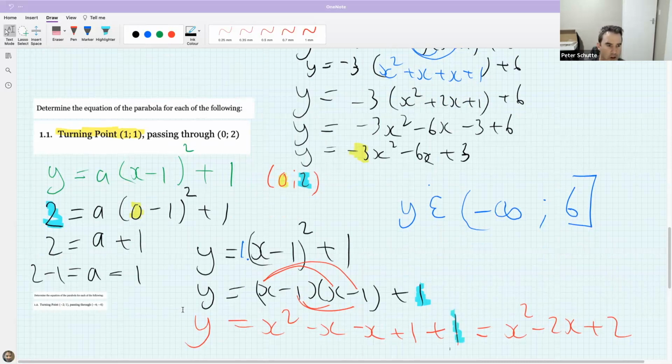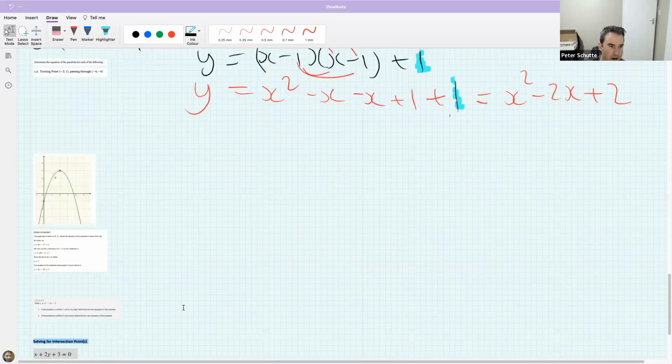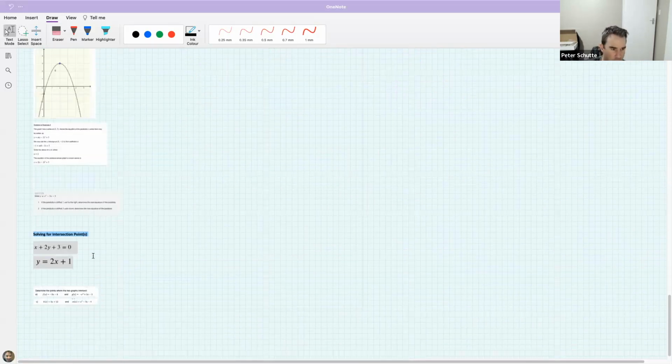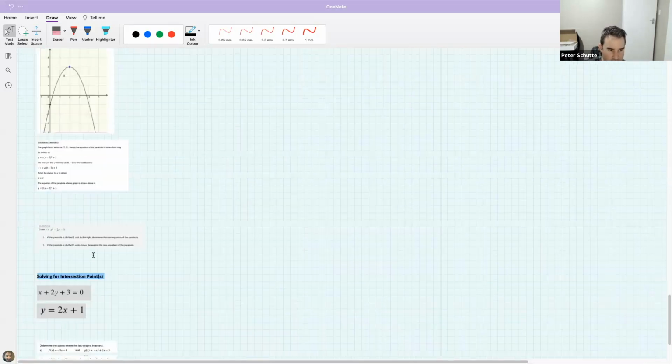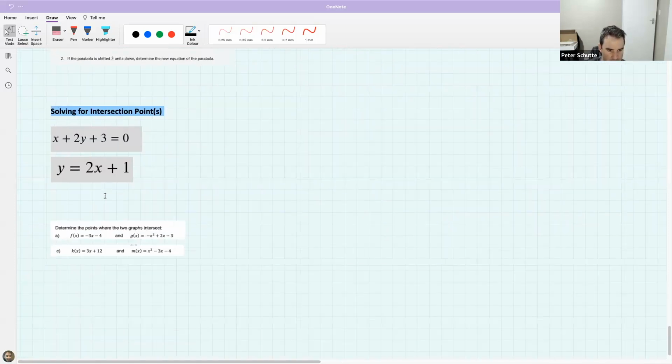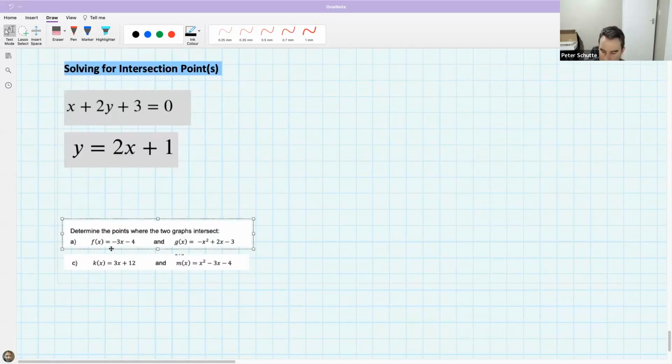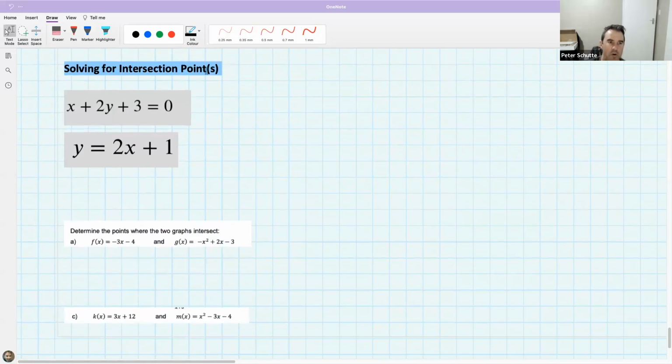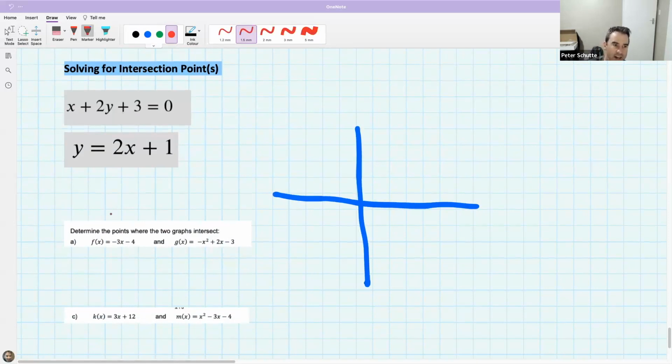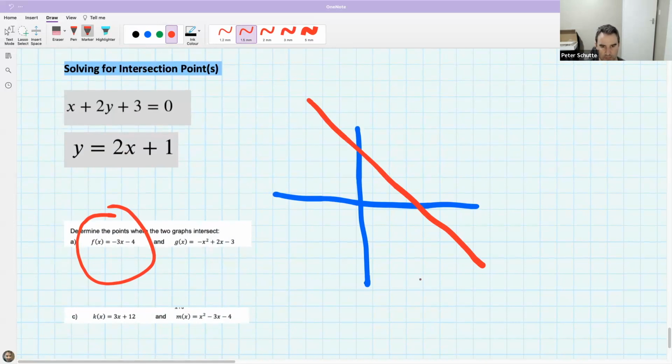Okay. So I want to close today with a question about intersection points. Now, I know you're like, oh my goodness, why are you throwing this in now? But I just feel like this kind of goes together. So say that you have, this is our last question of the day, I promise, two graphs, and I can see this is a straight line graph, and it's a negative straight line graph, so it's going to look something like this.